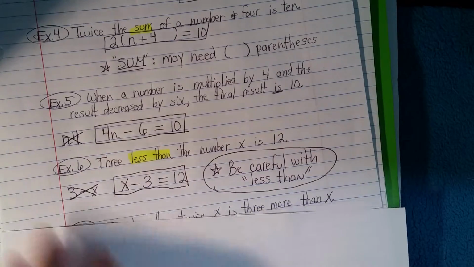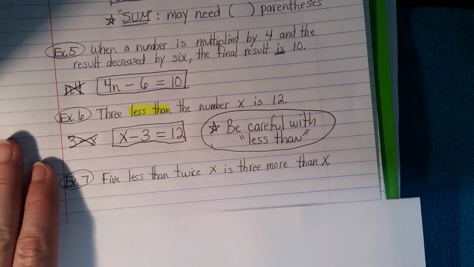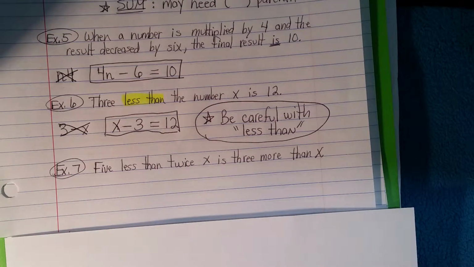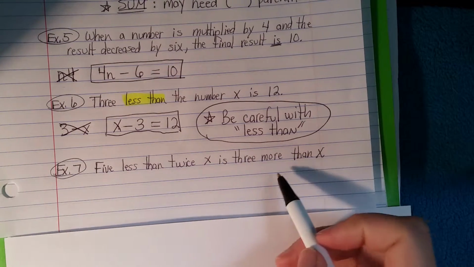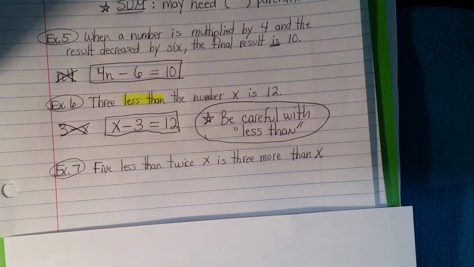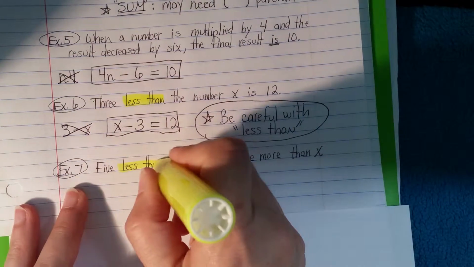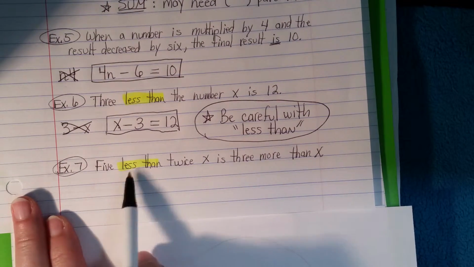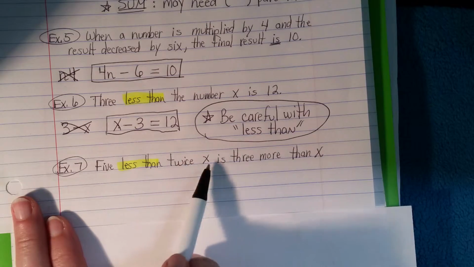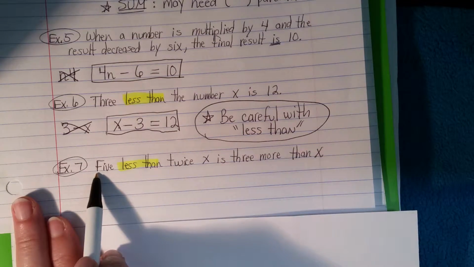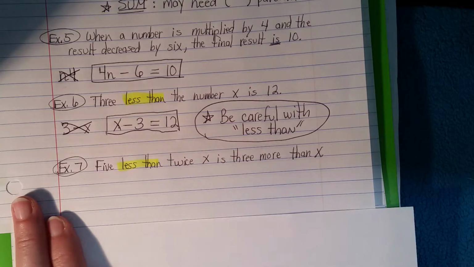All right. I think I have 2 or 3 more. 5 less than twice x is 3 more than x. Well, here's that less than. So right away, little red flag pops up, like a little caution flag. 5 less than twice x. Well, I'm taking 5 away from twice x.